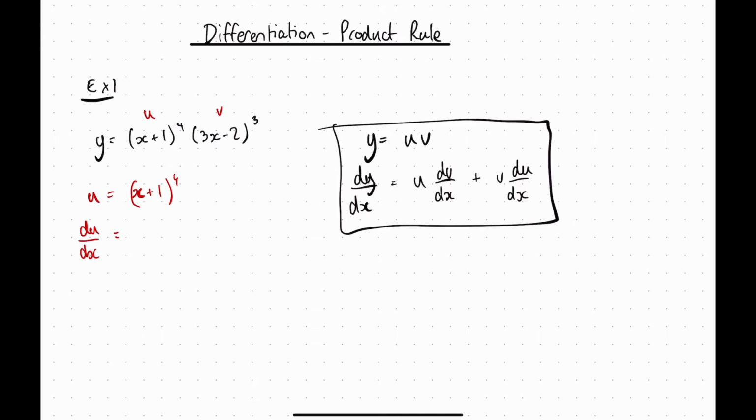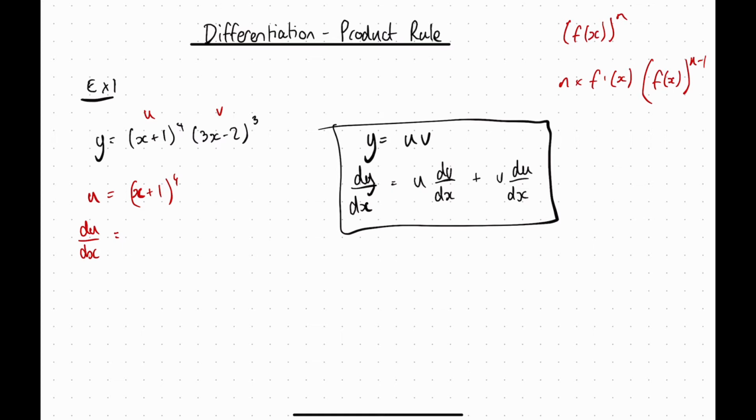So, how do we differentiate x plus 1 to power 4? Chain rule. Now we use our chain rule, yeah. Guys, chain rule, if you've forgotten it, if you've got a function with a power, it becomes n times the derivative of the function times the function to power n minus 1.